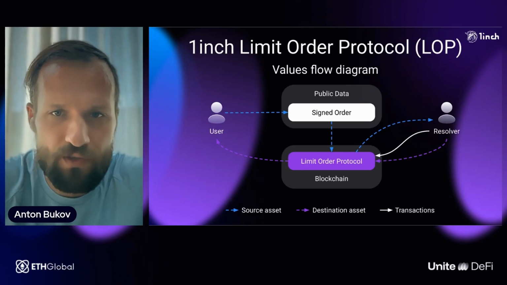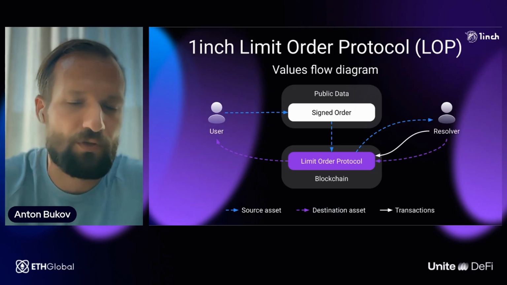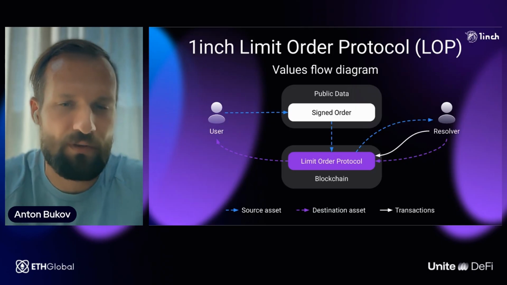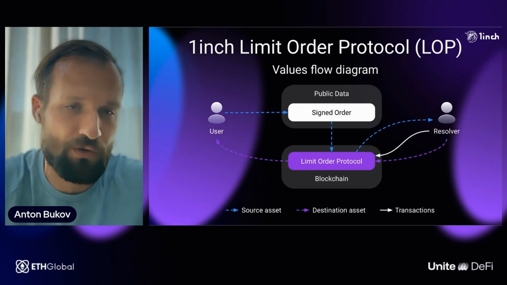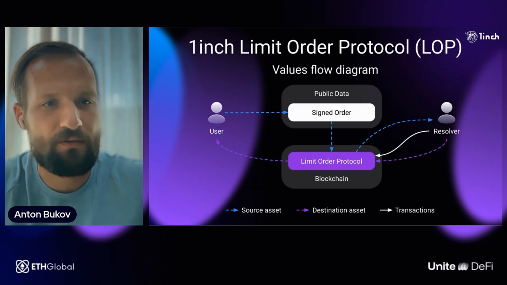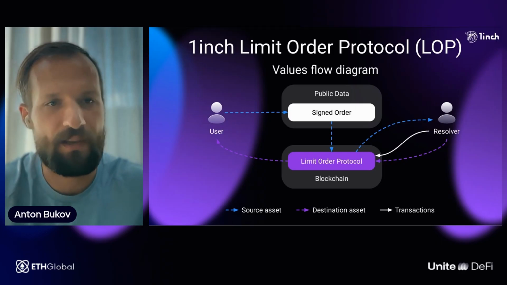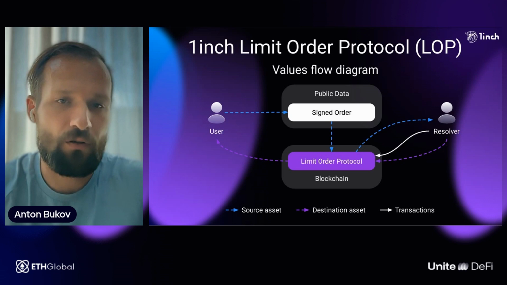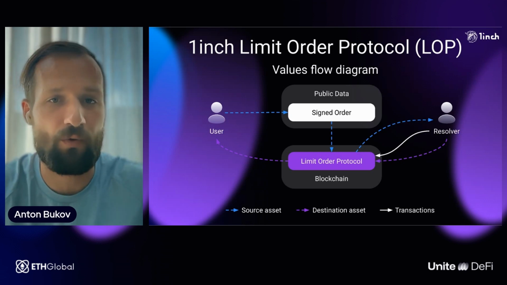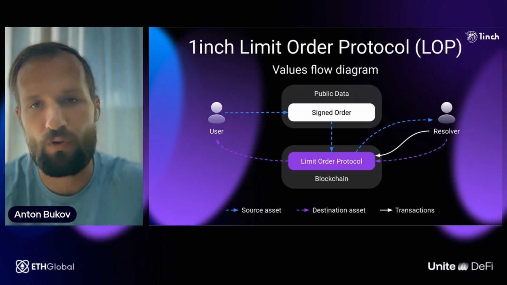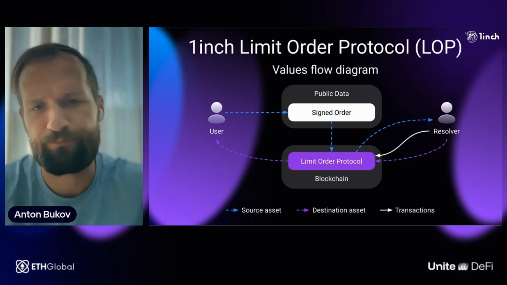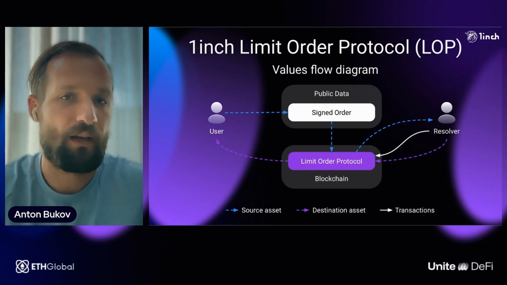And here you can also see the transactions that resolvers, or takers as we call them, can do to fill orders, while signers, or makers as we call them in this protocol, only release an order with a digital signature. We call it a signed order. Those who want to create orders create them off chain, and those who are going to fill them bring them on chain. And that's how it works.